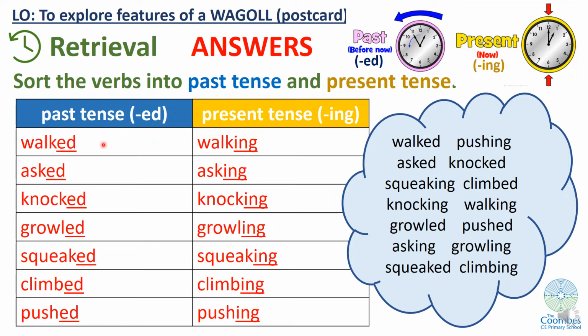Past tense was walked, present tense walking, past tense asked, present tense asking, past tense knocked, present tense knocking, past tense growled, present tense growling, past tense squeaked, present tense squeaking, past tense climbed, present tense climbing, past tense pushed, and present tense pushing.